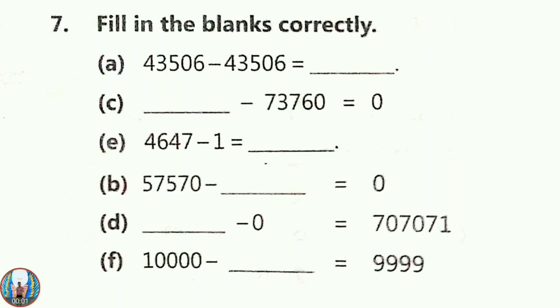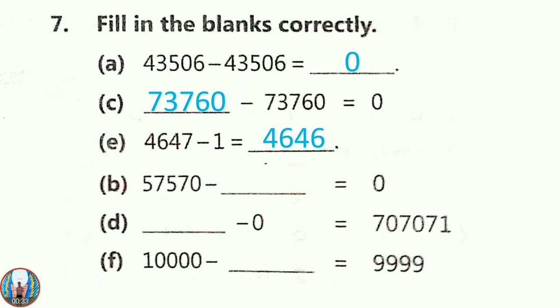Now the question number 7. Fill in the blanks correctly. We have learned about the properties of subtraction, where if we subtract the same digit, we will get 0. And if we are getting 0, it means we are subtracting the same digit. And if we are subtracting 1 from any number, we will get the predecessor of that number.